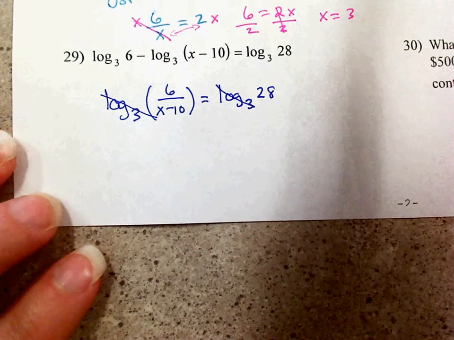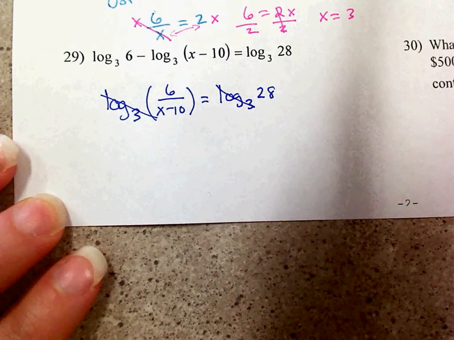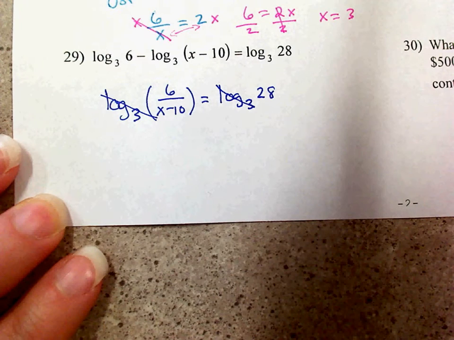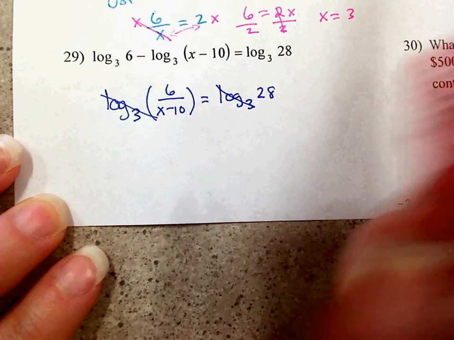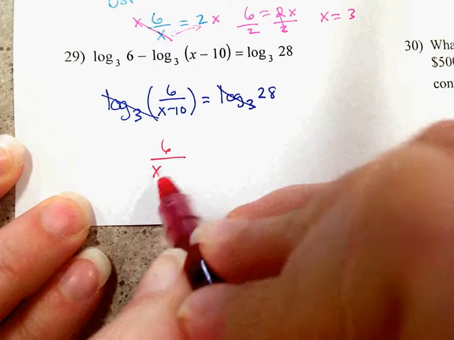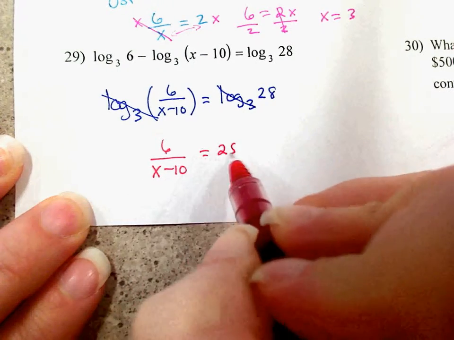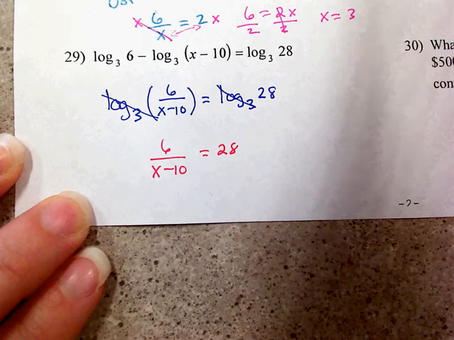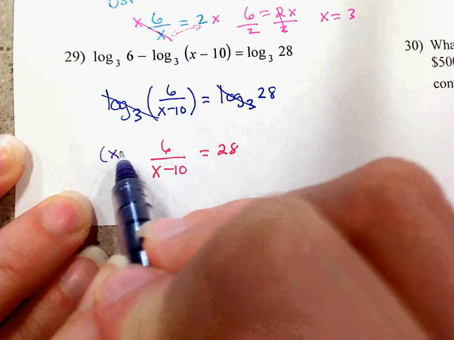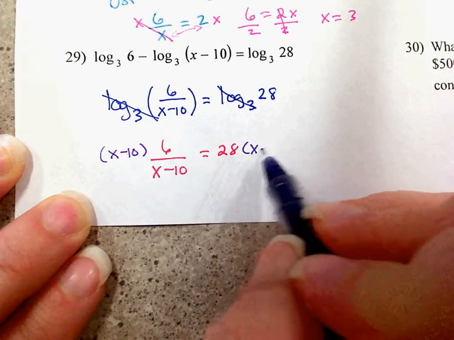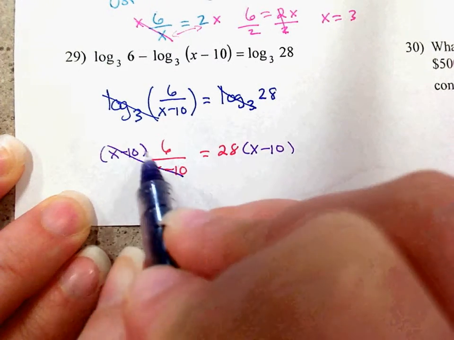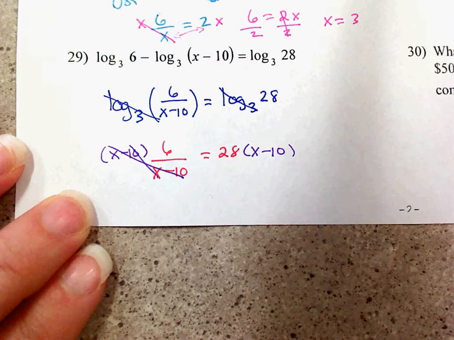Well, we could watch it. Exactly. See, whatever's in the denominator, that's what we're going to multiply by. So I'm going to multiply by x minus 10 here and by x minus 10 there. Not quite. Okay. Now what do I do?